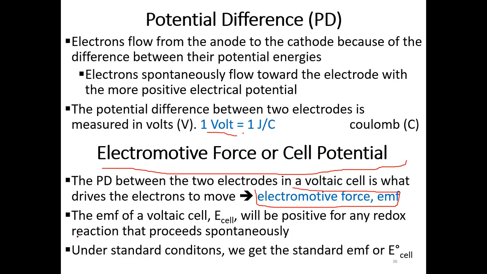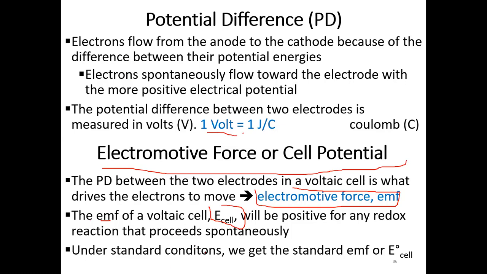The EMF of a voltaic cell, which we call E cell, will be positive for any redox reaction that proceeds spontaneously. So keep that in your mind: E cell, or EMF, will be positive for any redox reaction happening spontaneously.